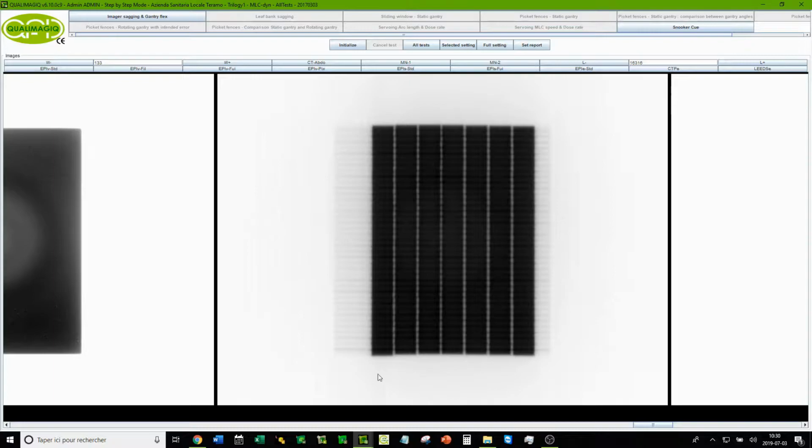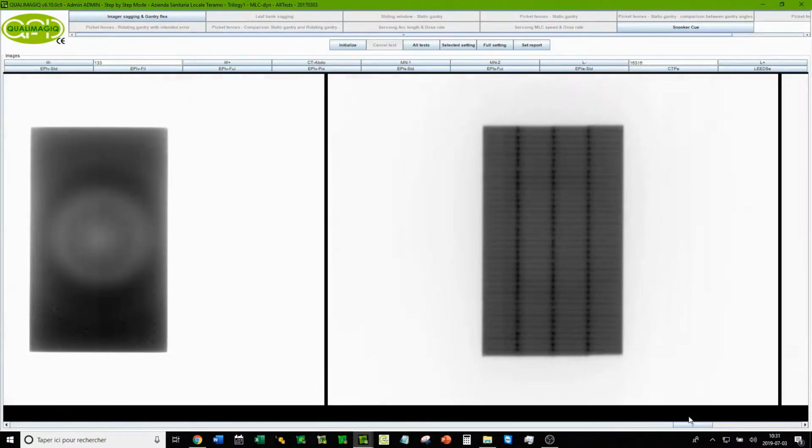So when the gantry speed increases, in order to deliver the same dose in each band, there is no other solution than for the LINAC to increase the dose rate proportionally. When the gantry speed doubles, the dose rate needs to double. This is precisely what this test controls.